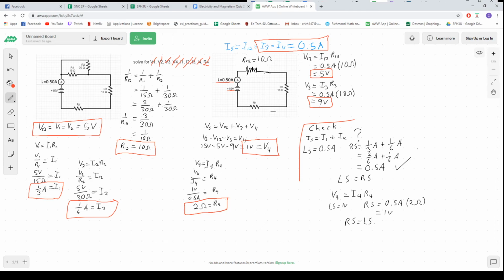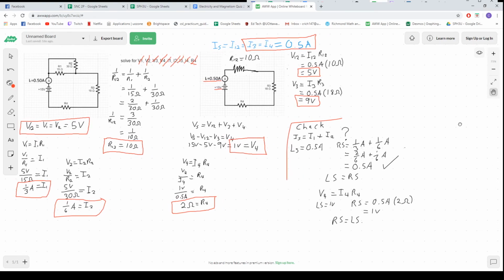What else could we do? We could check our total voltages again. So we could check the voltage across the entire system. So let's come up here and check the voltage across the entire system. So Vs is equal to, now we could check across either path, right?